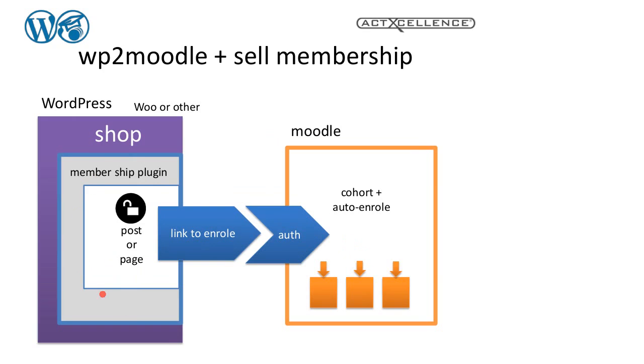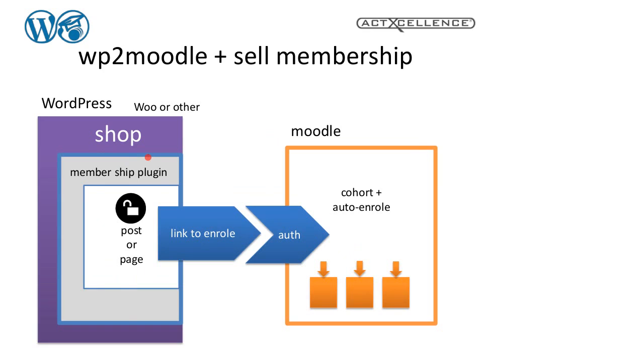This is protected by a membership plugin, and you sell membership with this shop. And you are fully responsible for every transaction in the shop. WooCommerce supports you very well. It comes with a PayPal payment, but you can also add a lot of WooCommerce plugins.